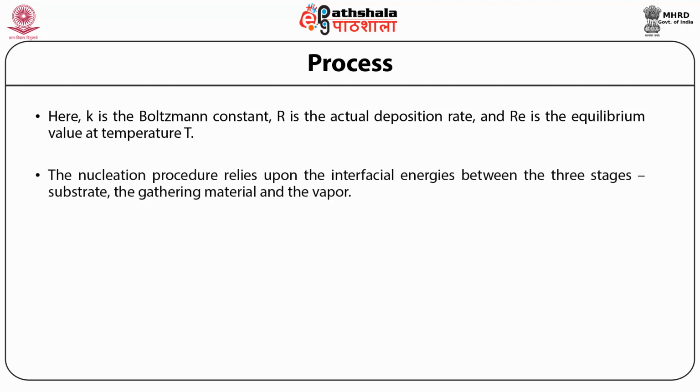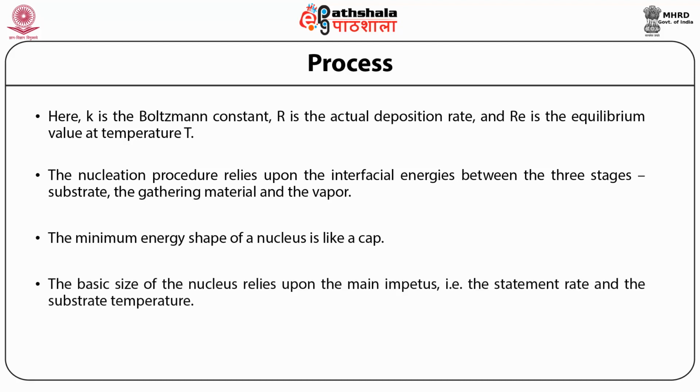The nucleation procedure relies upon the interfacial energies between the three phases: the substrate, the condensing material, and the vapor. The minimum energy shape of a nucleus is like a cap.